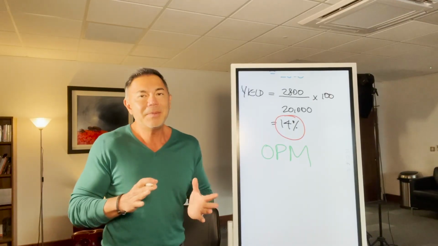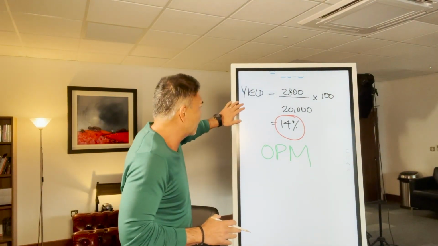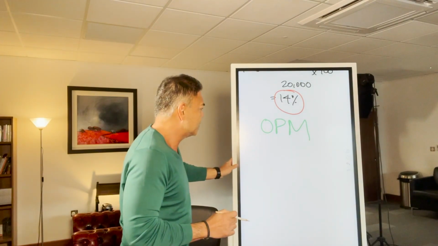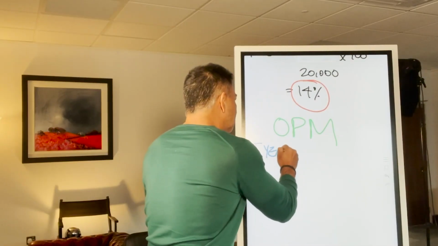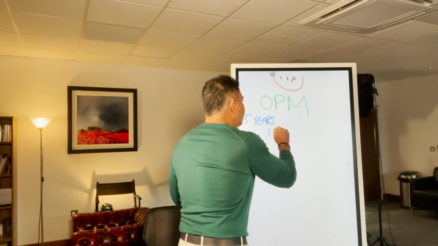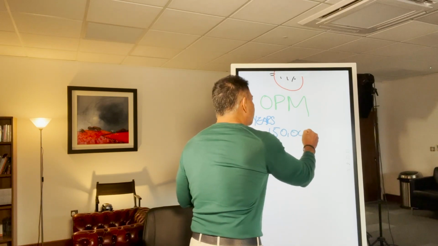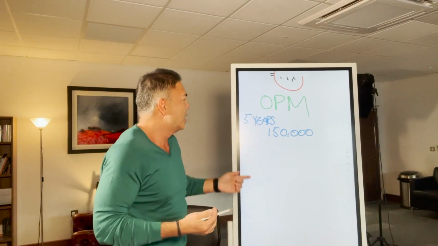Now let me just take you to another scenario, because we know that house prices will go up in value over time. And now let's say after 5 years, the property now is worth 150,000 rather than 100. So it's gone up by 50% because of inflation, right?